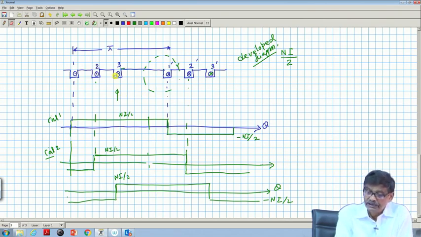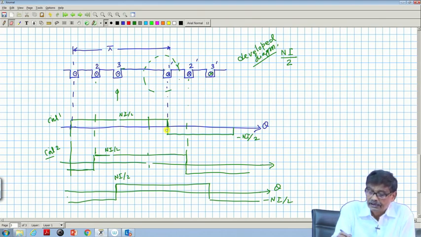Then between this space 2 and 3, 1 Ni by 2, another positive, another negative. So, it will be minus Ni by 2 resultant, plus Ni by 2, plus Ni by 2, and then minus Ni by 2. So, in this way it will be.